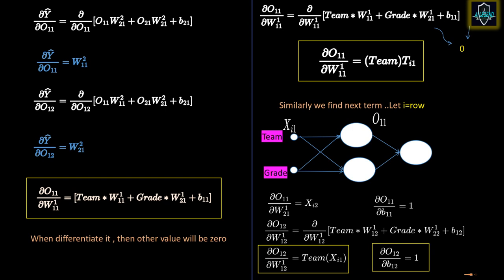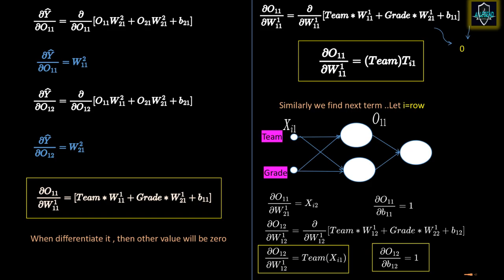Then del O12 over del W112 is equal to del over del W112 of the square bracket: team W112 plus grade W122 plus B12.